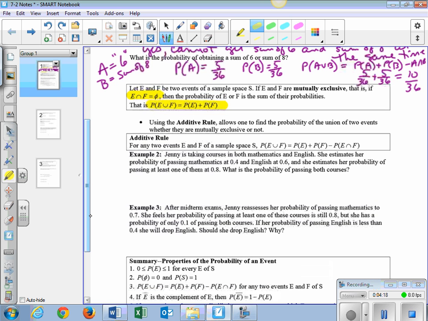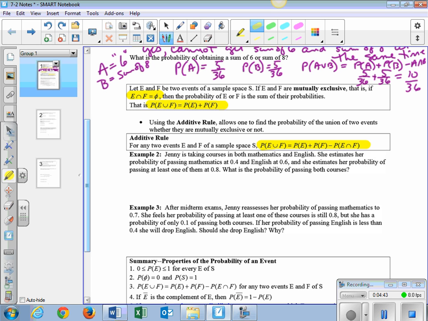The additive rule can be used in probabilities. I was actually using it in that first example, but it's very similar to what we've had before when we did the number of items. The probability of E union F is the probability of E plus the probability of F minus the intersection of E intersecting F.